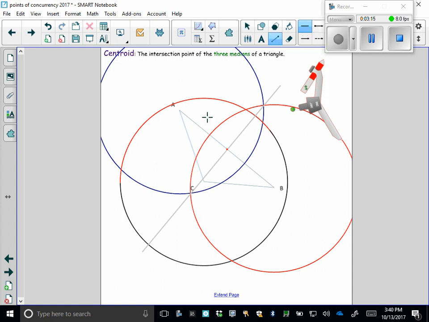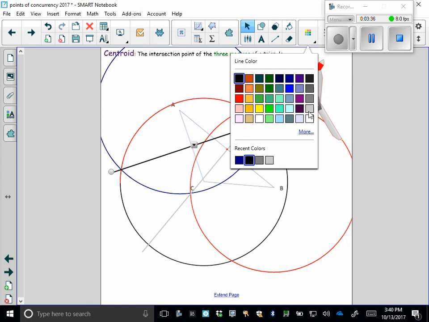And then I'm going to put a second line tool to find my second midpoint by going through these 2 intersection points. And these are not the medians. They're actually perpendicular bisectors, but that's how you find the midpoint of each side.